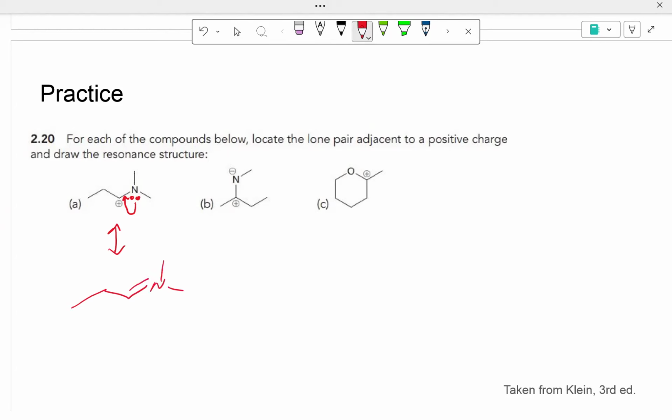So now there's a double bond there. And the nitrogen now has the positive charge. Nitrogen with no lone pairs on it, so total of 8 bonding electrons, no lone pairs, has a formal charge of +1.